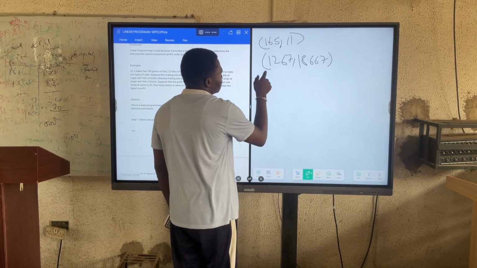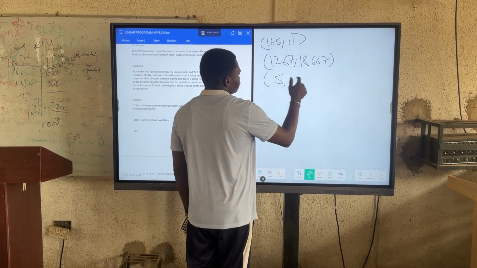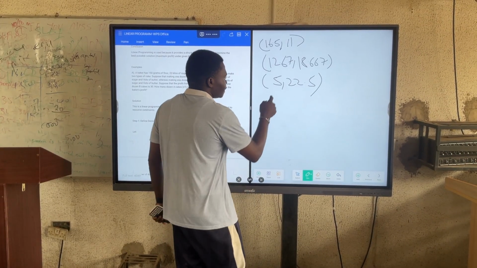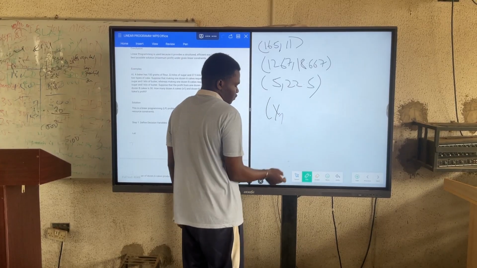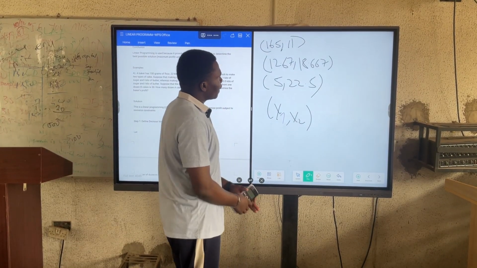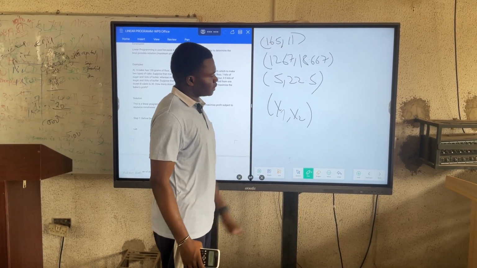I also had 5 and 22.5. So the way this is done is that this is x1, this is x2, whereby all this does A cakes, all this does B cakes.